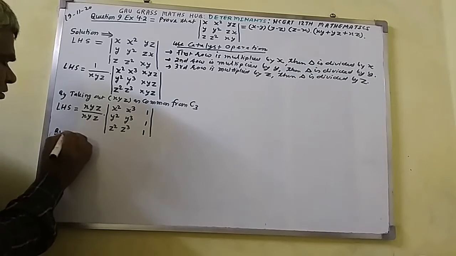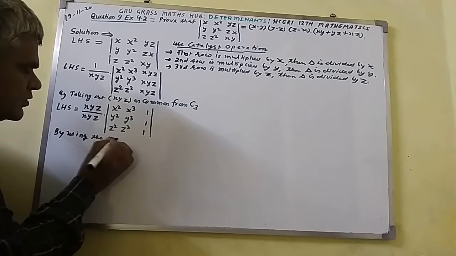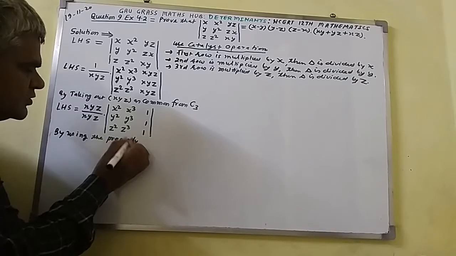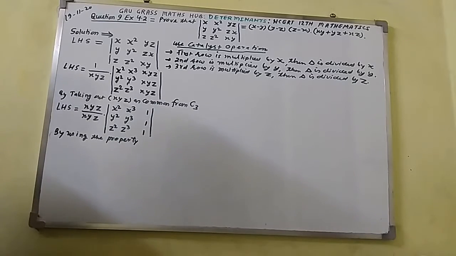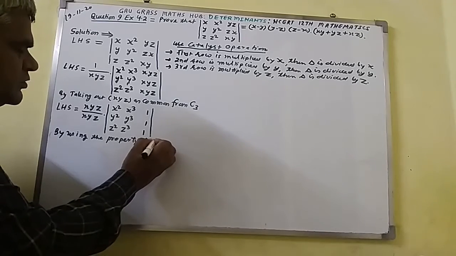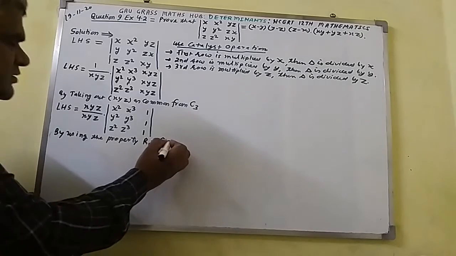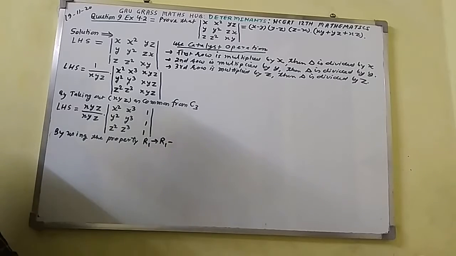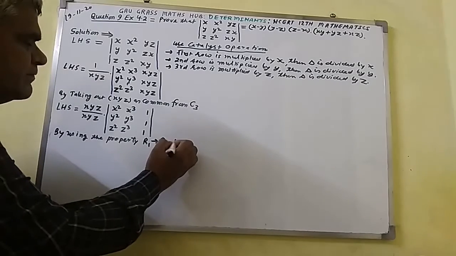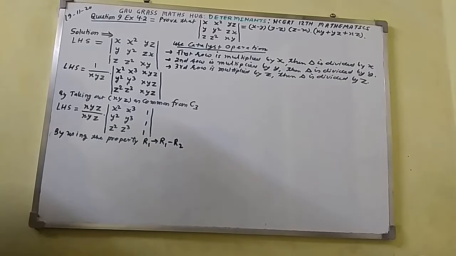By using the property, R1 goes to R1 minus R2. This property I shall use here.